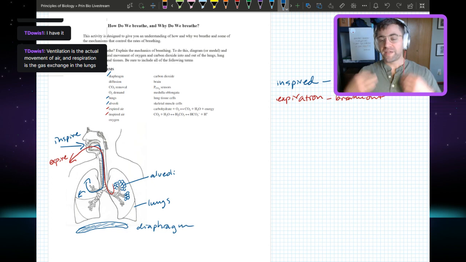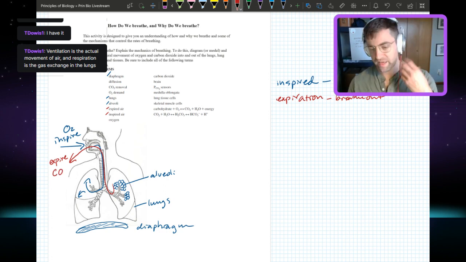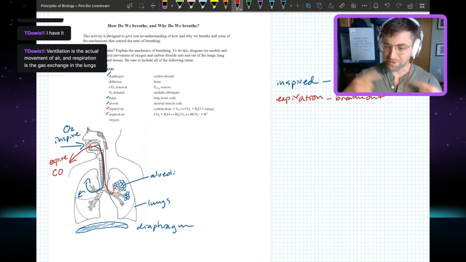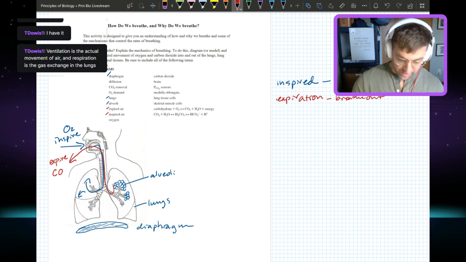Oxygen coming in with inspiration and CO2 going out with expiration. Order is important, right? Going back to circulation, CO2 is one of the principal waste products that we're pulling out of our cells through the circulatory system. Expiration is how it gets out.